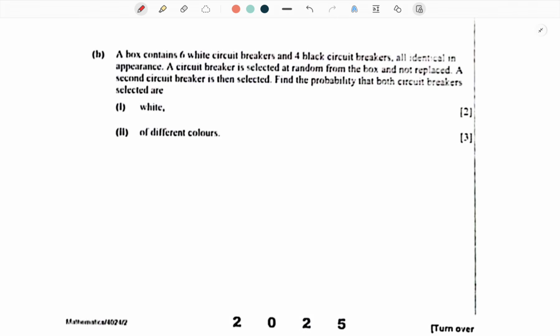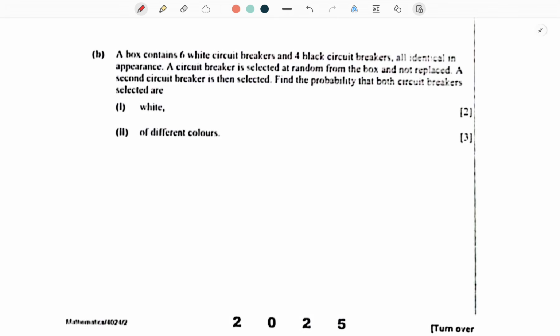They are saying a box contains 6 white circuit breakers and 4 black circuit breakers, all identical in appearance. A circuit breaker is selected at random from the box and not replaced. A second circuit breaker is then selected. Find the probability that both circuit breakers selected are white.